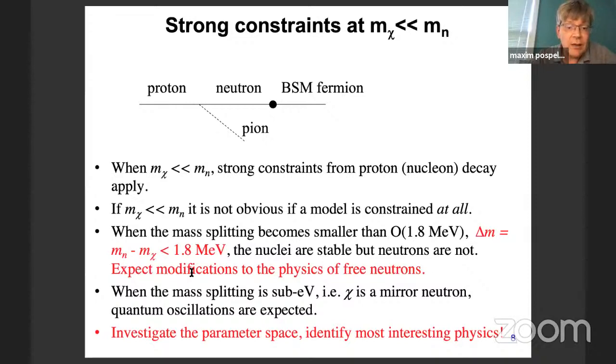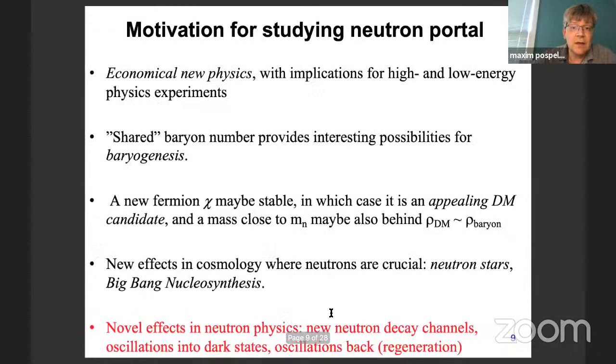But the free neutron can still decay into such a state. Then if we bring the mass splitting even further to sub-eV, then chi can be called a mirror neutron, and quantum oscillations of the free neutrons and chi's are expected. And so the goal is to investigate the parameter space and identify the most interesting physics.